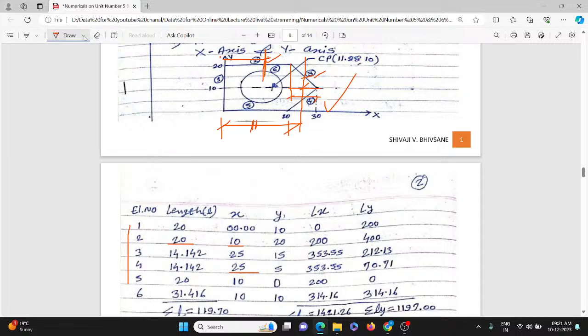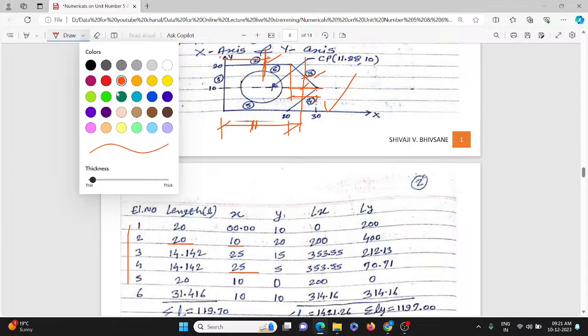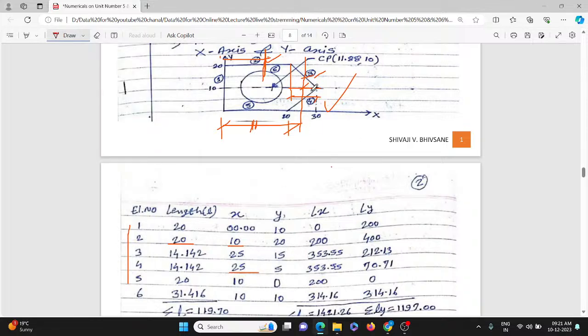Again it is lying somewhere at the center. What is this distance? This much distance plus this total distance divided by 2, so that is 20 plus 10 by 2, which is 25.